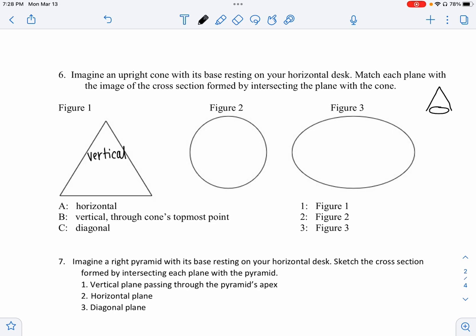So this one's going to be vertical through the top because it's going to be a triangle. The horizontal one will be the circle because that's going to be the base. And if we cut this at a diagonal, that's going to be the oval.